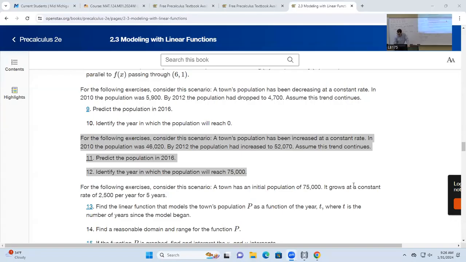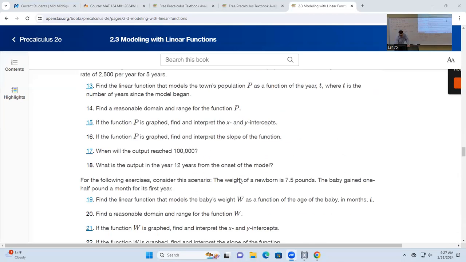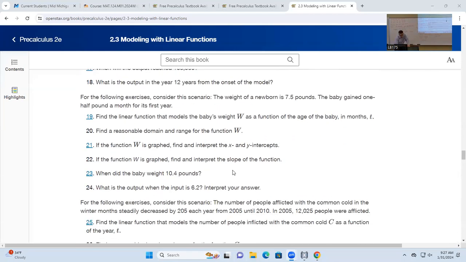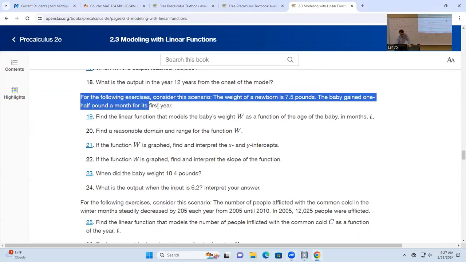Let's do another example. So this one is baby's weight.